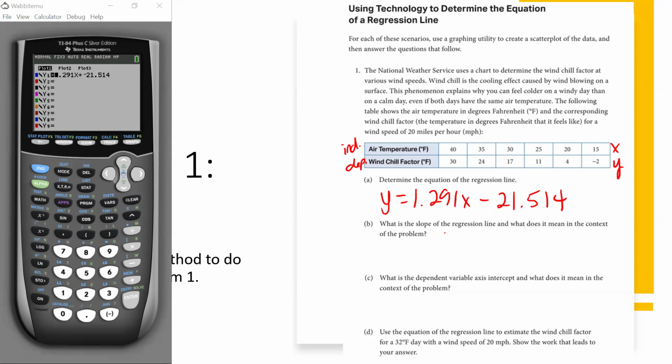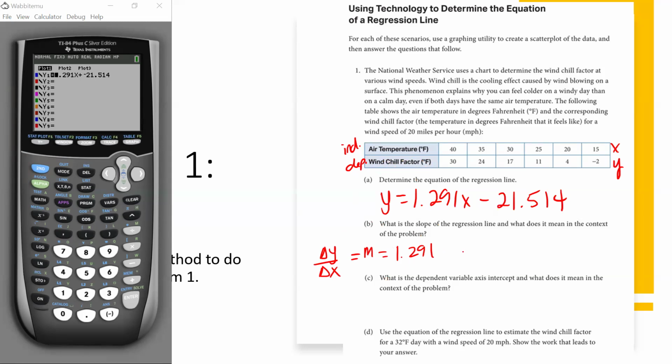So it asks you, what is the slope of the regression line and what does it mean? What's our slope? There we go. Is it okay if I write m? Our m equals 1.291, and it means the change in your, remember, slope equals the change in your y over the change in your x. What does our y represent?